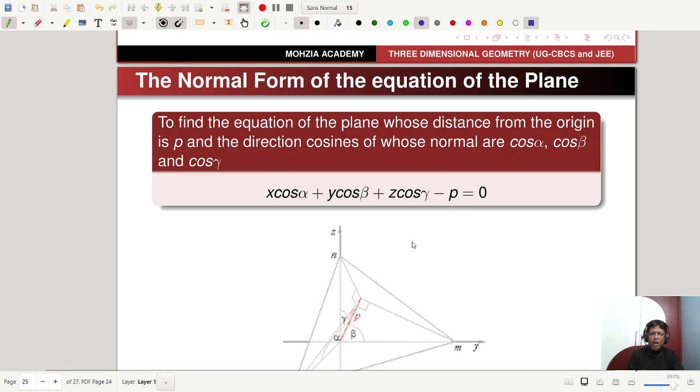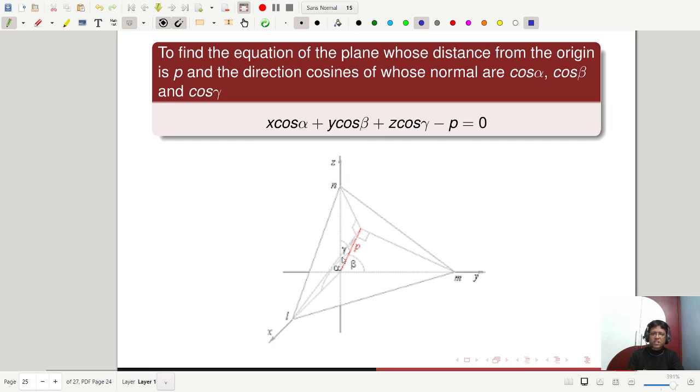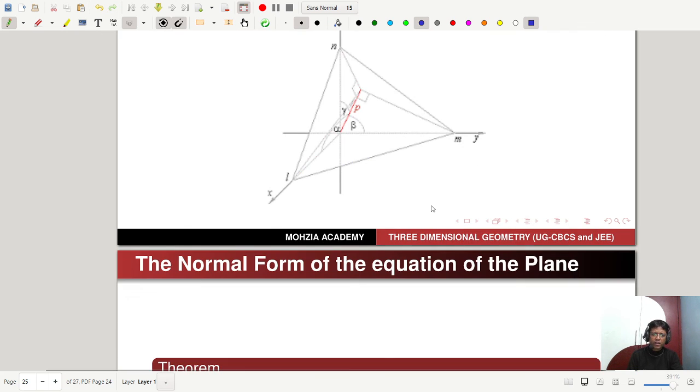Here p is the distance of the plane from the origin, the red line. Then its normal form is x cos alpha plus y cos beta plus z cos gamma minus p equal to 0. This is the normal form of the plane.